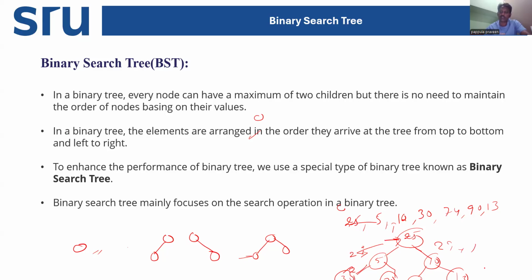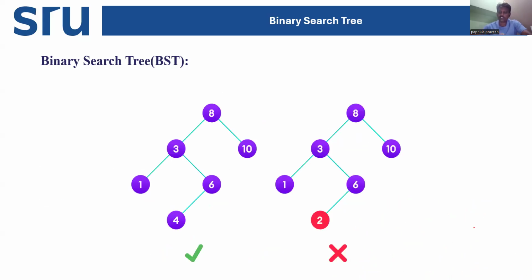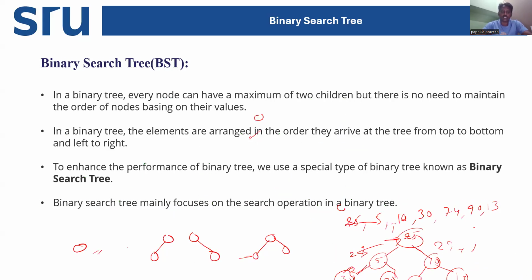The third element, 10, is also not equivalent. We move to 30, that is also not equivalent. Finally we reach 13. It will take 3 plus 3, 6, 7 milliseconds. So it takes more time to access the elements.